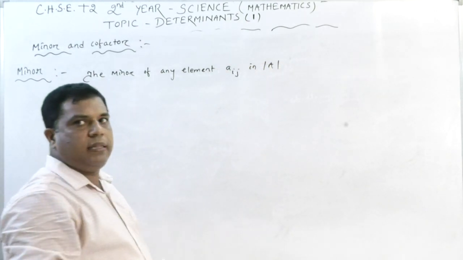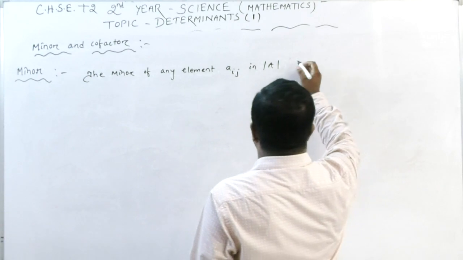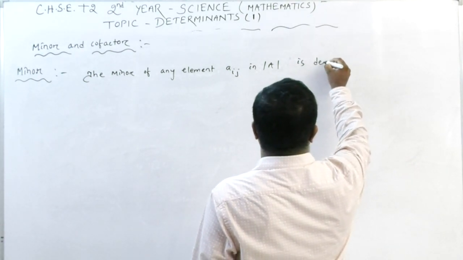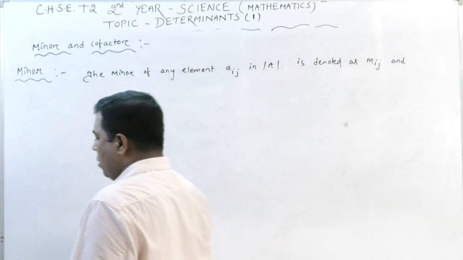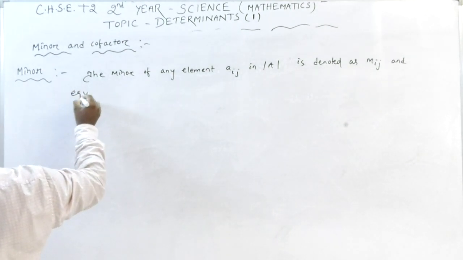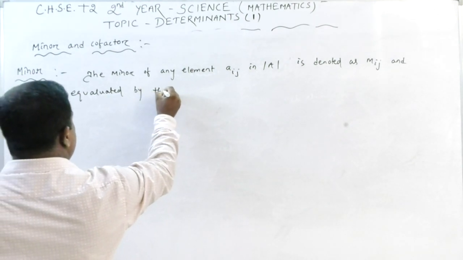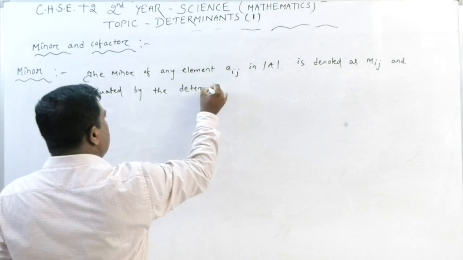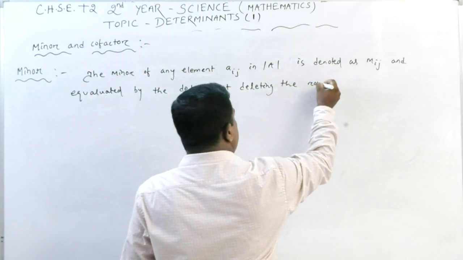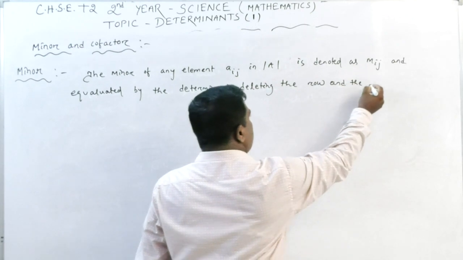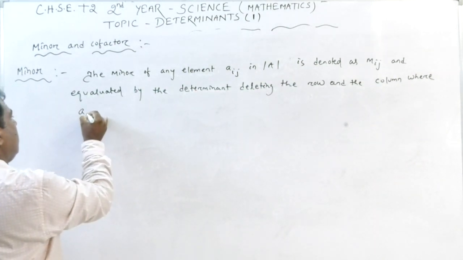So if there is a determinant and one element in that determinant is Aij, then its minor is denoted as Mij and evaluated by deleting the row and the column where Aij is present.